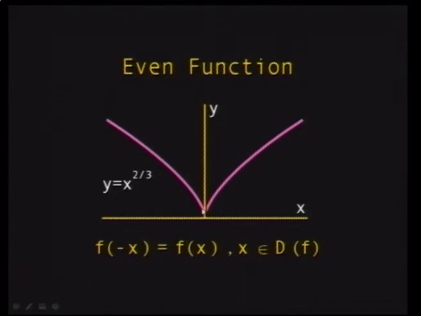In other words, when you draw it for x positive, the value of y is equal to that for x negative. So this is called an even function, and you check this by writing f of minus x is equal to f of x. In other words, when you substitute x by minus x, you get the same value of y.